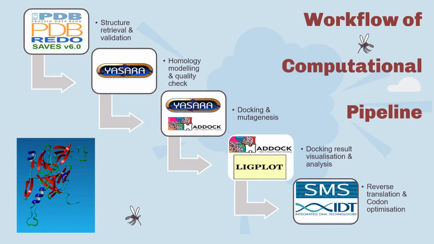Docking and mutagenesis of the cyclic peptides were conducted afterwards, giving results that were visualized and analyzed using PyMOL and LigPlot+. Sequence Manipulation Suite and the codon optimization tool provided by Integrated DNA Technologies were then used for reverse translation to obtain the DNA sequences of synthetic genes, codon optimized to ensure satisfactory expression in the chassis.